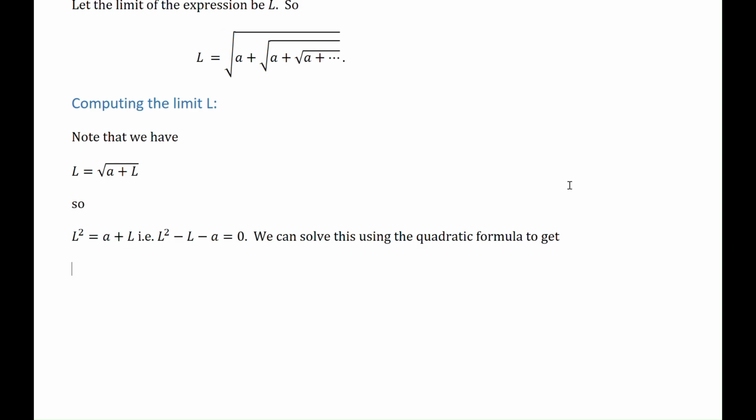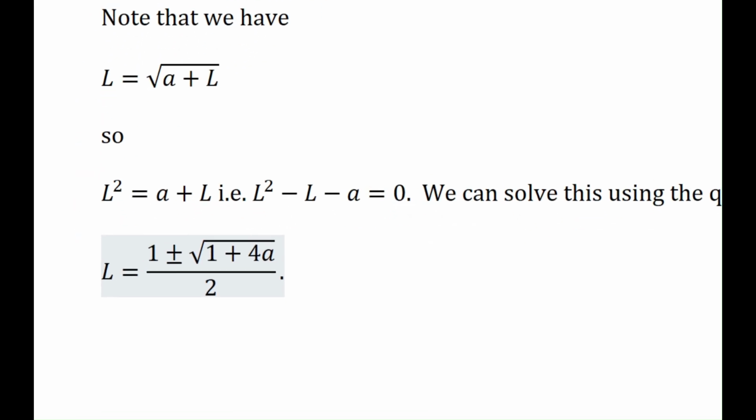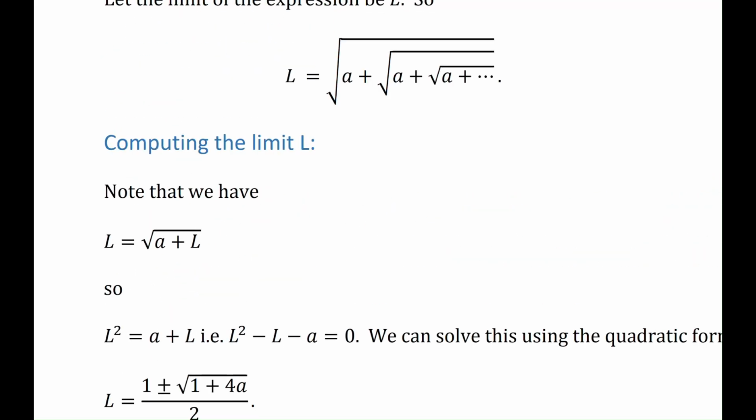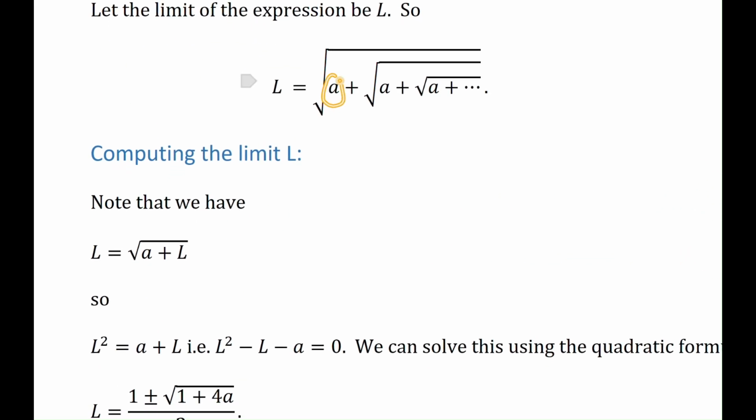And that gives that L is equal to 1 plus or minus the square root of 1 plus 4A, all over 2. But with a little thought, we can see that the minus actually doesn't make sense. Why is that? Look at this expression. A is positive.